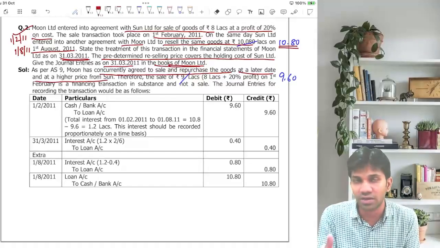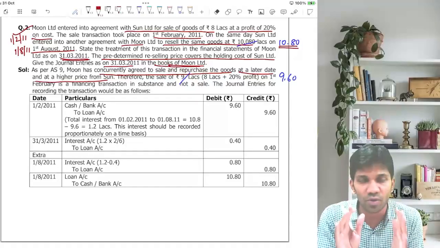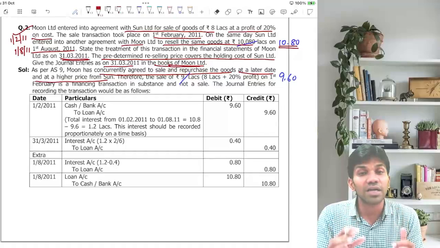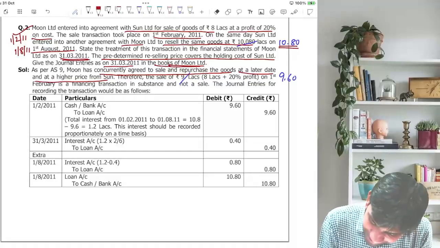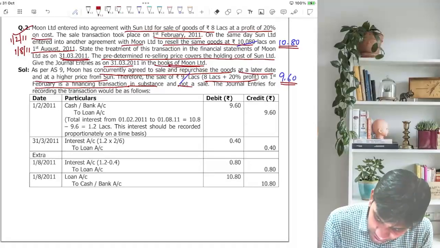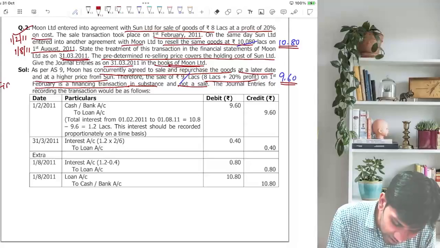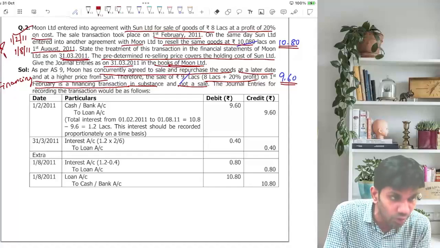Therefore, the sale of 9.6 lakhs, that is 8 lakh plus 20% profit, on 1st February is a financing transaction in substance and not a sale. Very important guys, please mark this sum as important.